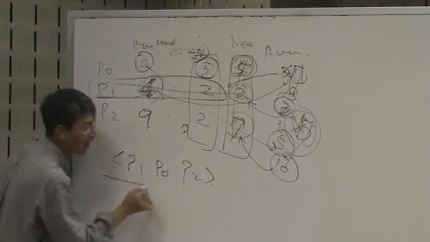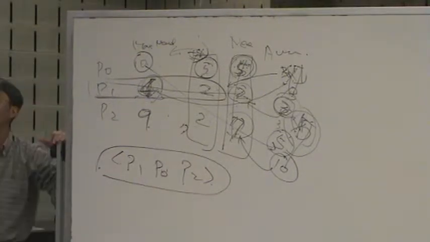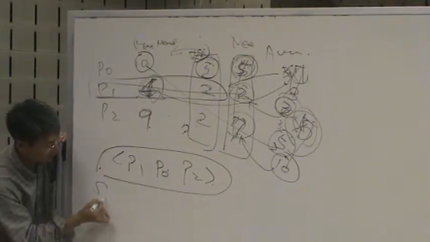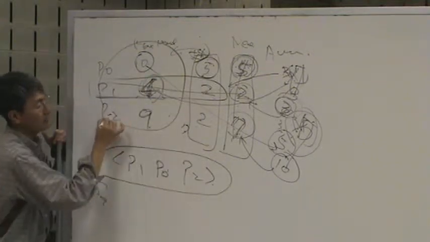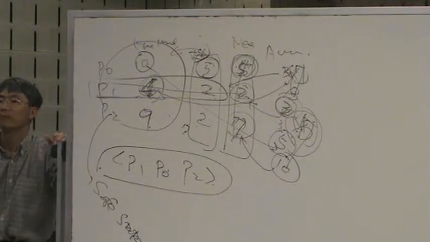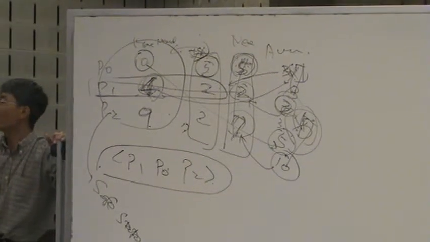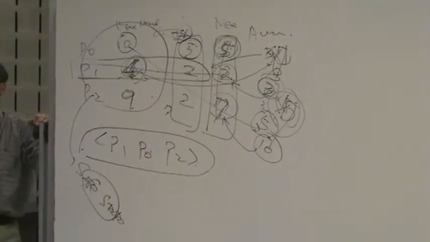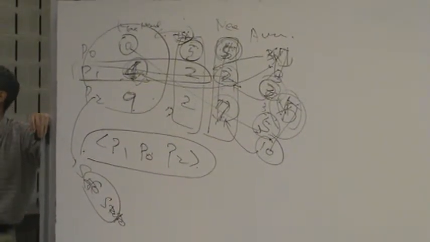So if we can find such a sequence of processes without entering the deadlock situation, at that time we can say this current state is called a safe state. Safe state means there will not be a deadlock situation, so you can allocate, you can enter the next state.